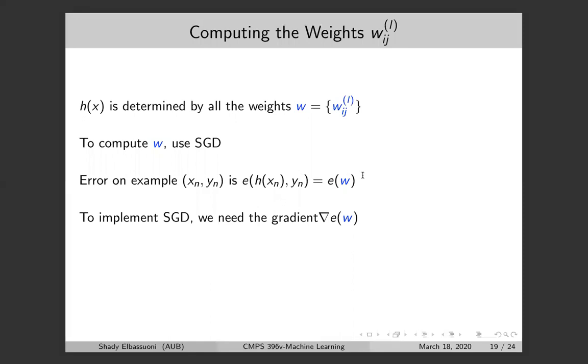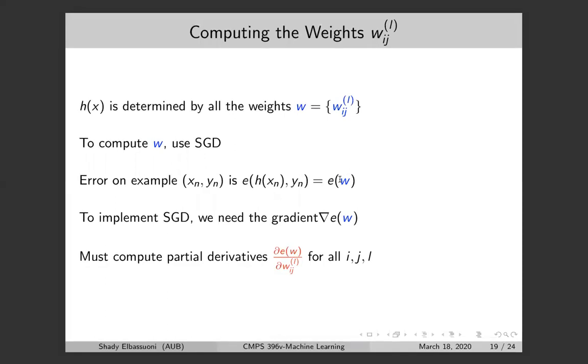So how do I implement stochastic gradient descent? I need to compute the gradient of this error function, the partial derivative of this function with respect to W. That's what gives me the gradient.